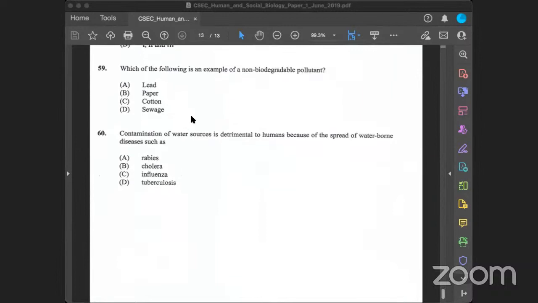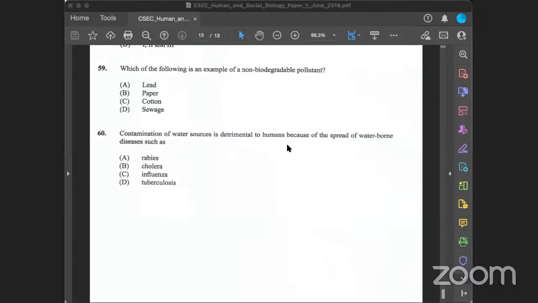All right, good. And this one here, they like to bring this as the last question on the paper. Contamination of water sources is detrimental to humans because of spread of waterborne diseases such as what? What's the only waterborne disease there? Cholera. And I told you that cholera is spread through the fecal-oral route.